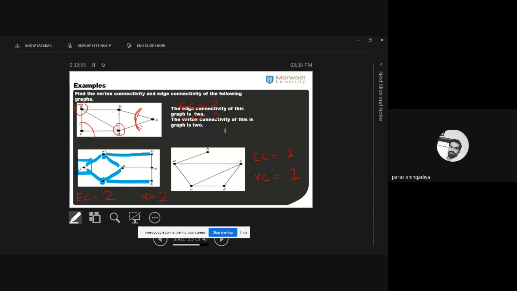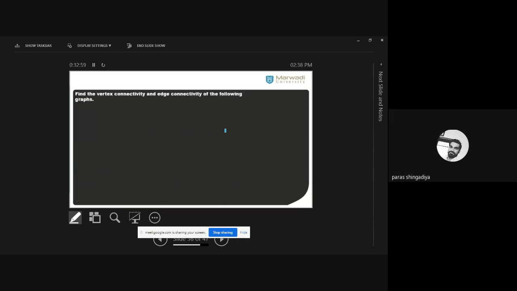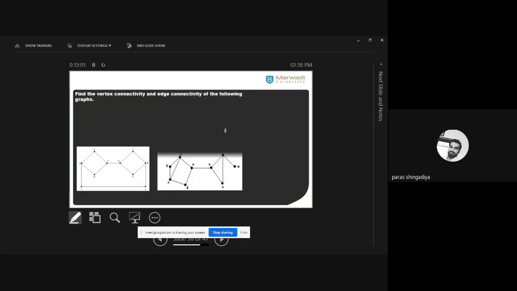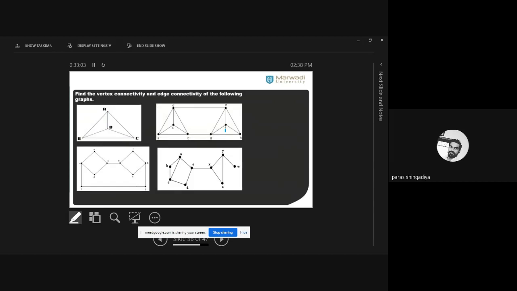Now, is there any doubt in this connectivity concept? Okay, there are some more graphs given here. Let's just find the direct answers. For the first graph, one of the complete graphs is given, K4.